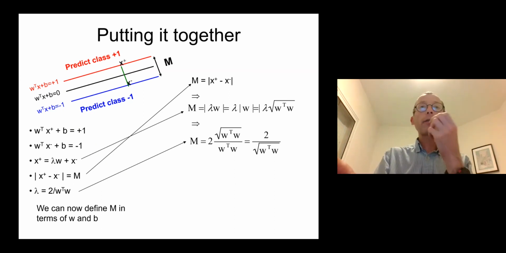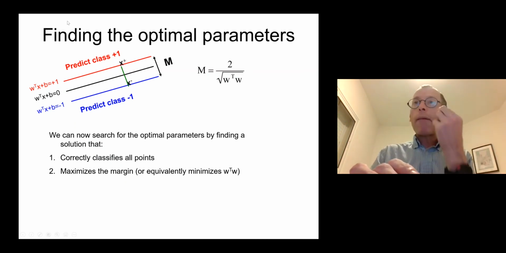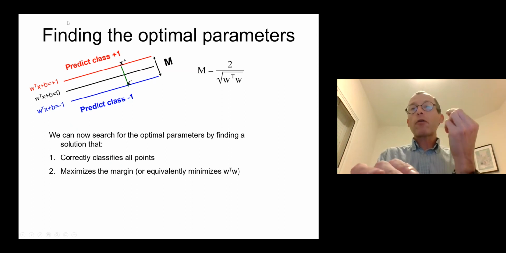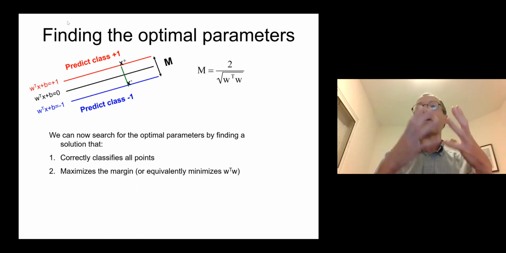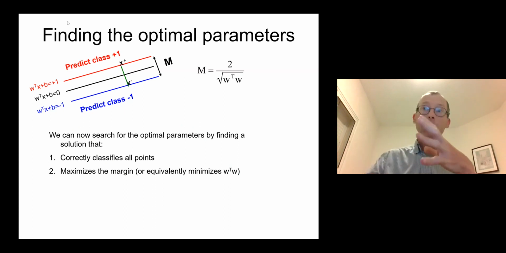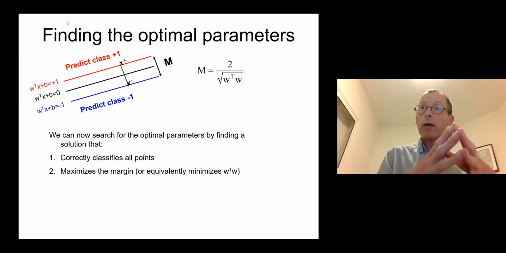Now we put everything together. What we really want is parameters that do 2 things. First of all, they correctly classify the points. So all points in class 1 should satisfy WTX plus B greater or equal to 1. All points in class -1 should satisfy WTX plus B less or equal to -1.